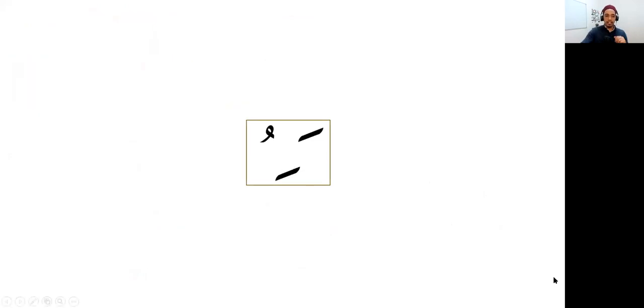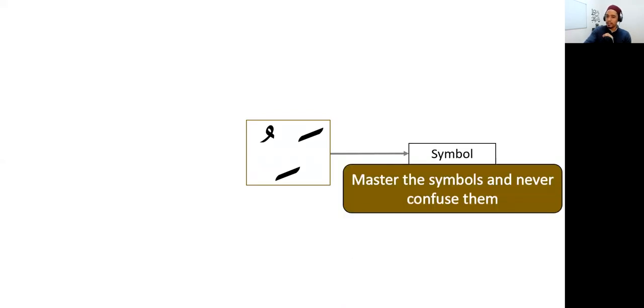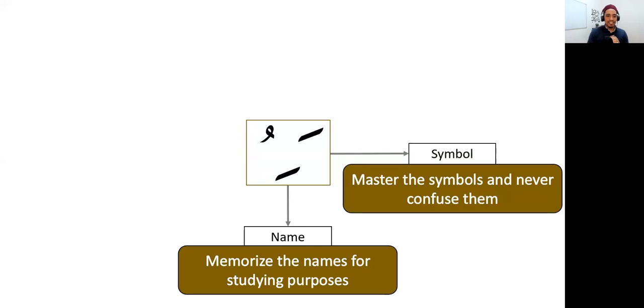Okay, so let's summarize again. The first thing we said about the shapes is we want to consider the symbols, master the symbols and never confuse them. Okay, I'll give you that one. What do we say about the names? Memorize the names for learning purposes. Someone's copying and pasting there. Right, but good, correct.